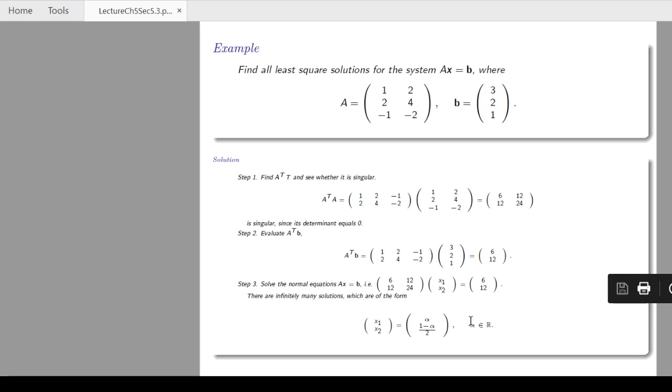Because alpha is an arbitrary real number, we have infinitely many vectors like this. And all these are solutions for the normal equations. So that's the solution.